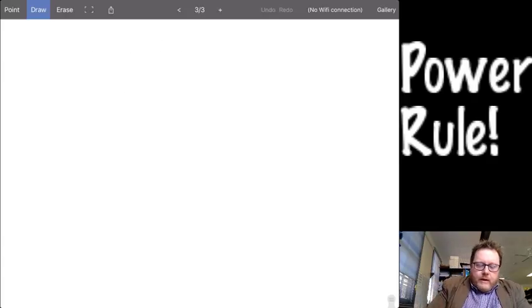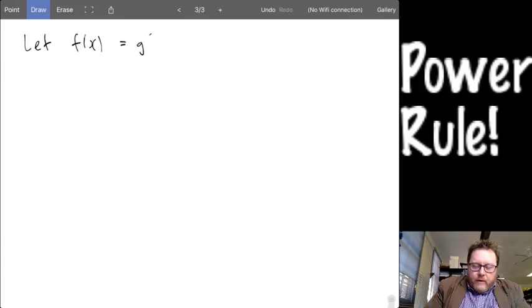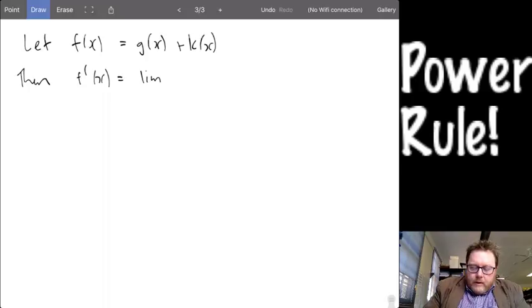So if we say let f of x equal two other functions, g of x plus k of x. I deliberately didn't use h of x because we're going to use h in a second. Then f dash of x is equal to the limit as h approaches 0 of f of x plus h minus f of x, just as the usual limit theory here, all over h.